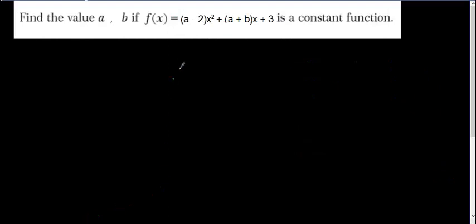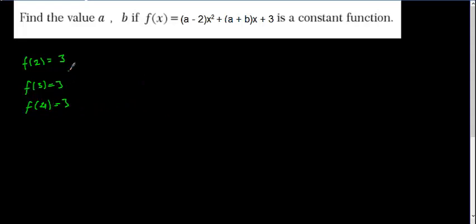Next one. Here we have a constant function. It says, find the values of a and b if the function is a constant function. If you remember, I said if the function is constant, f(2) is equal to 3, f(3) is equal to 3, f(4) is equal to 3, f(5) again is 3.